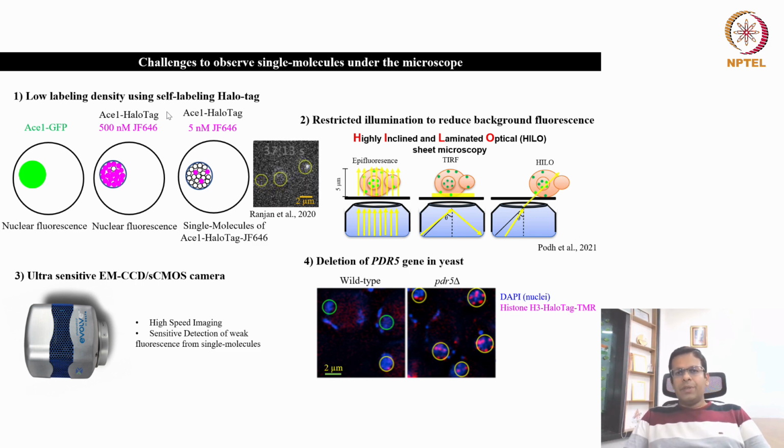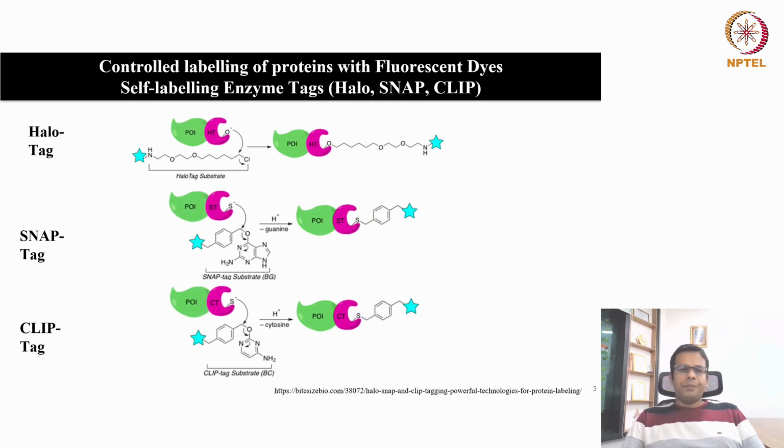So just like GFP, the way you fuse any protein at the C terminus or N terminus with a GFP, similarly you have to genetically fuse any gene at the C terminus or N terminus with a halotag, and halotag will make a protein of 33 kilodalton which is non-fluorescent. Okay, so the halotag itself is non-fluorescent, but it binds to the fluorescent dye that is added externally.